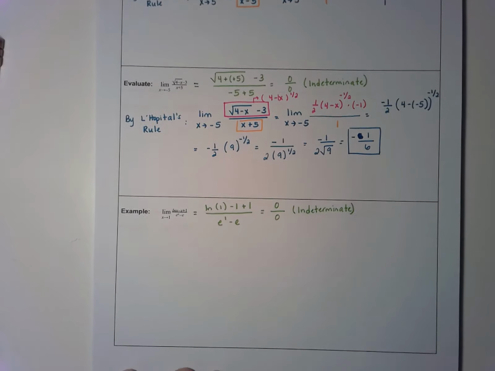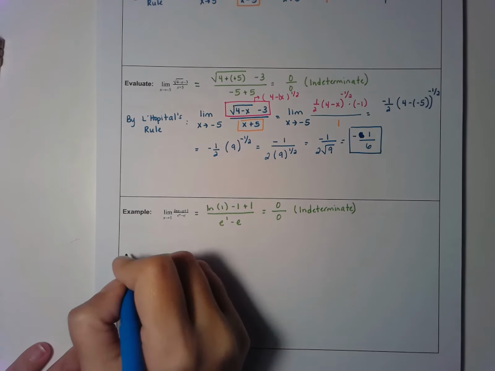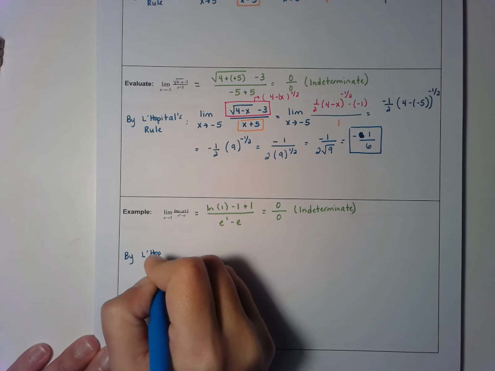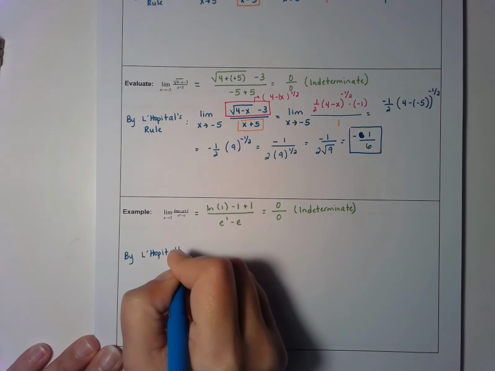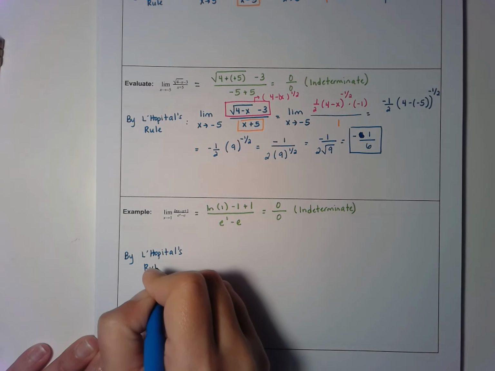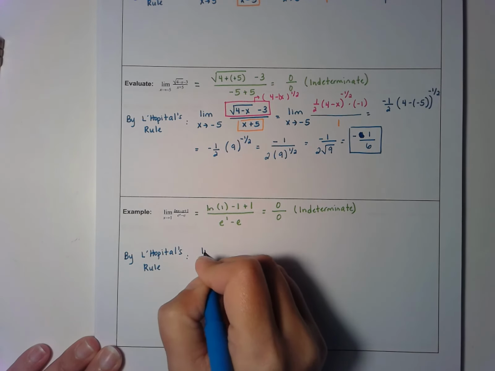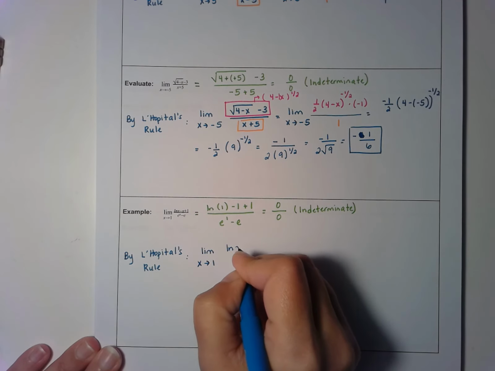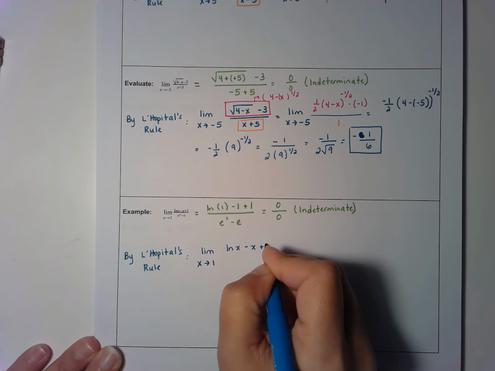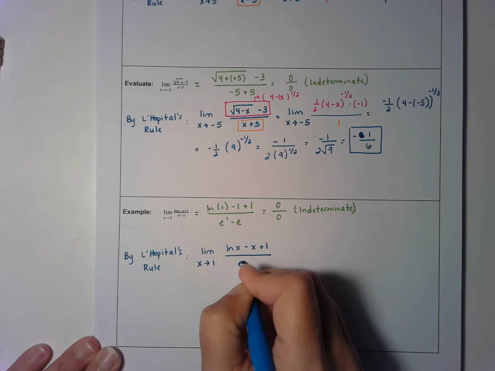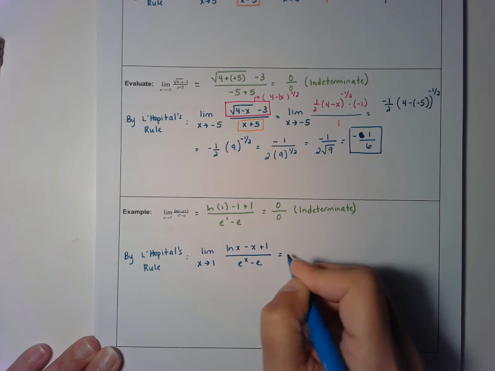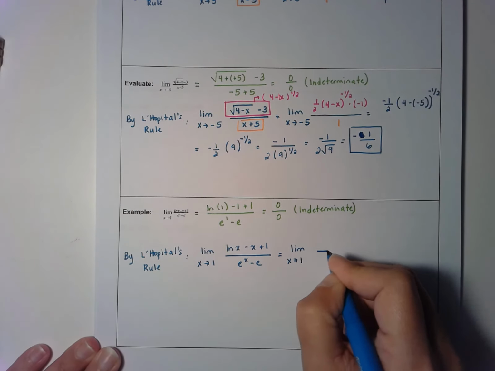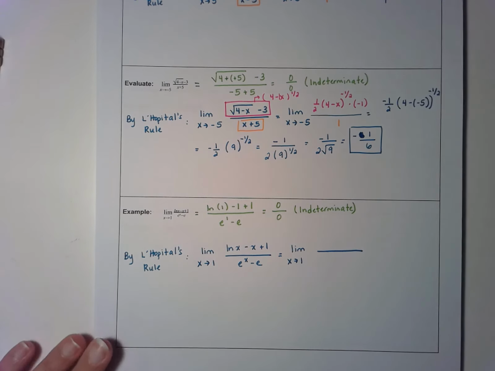Once we've determined and established that the limit is indeterminate, we can say that by L'Hopital's rule, the original limit, the limit as x approaches 1 of the natural log of x minus x plus 1 all over e to the x minus e must be equal to the limit as x approaches 1 of the derivative of the top and the derivative of the bottom.